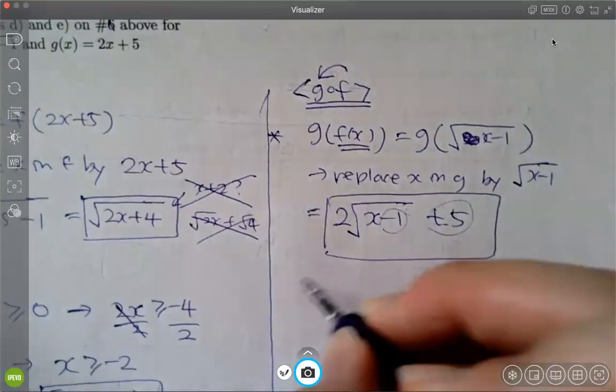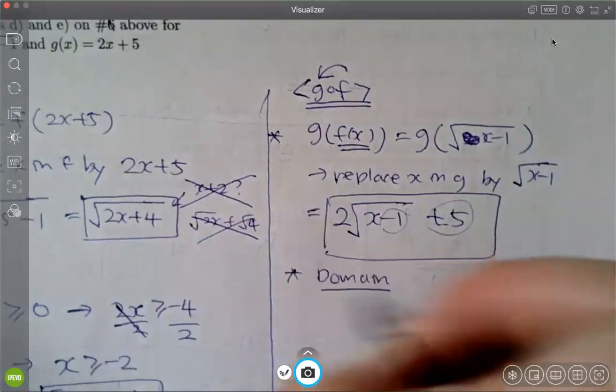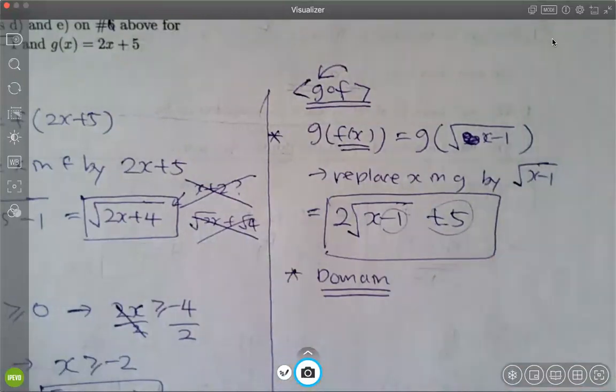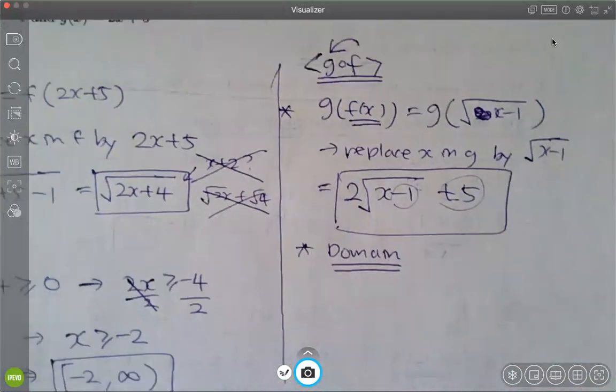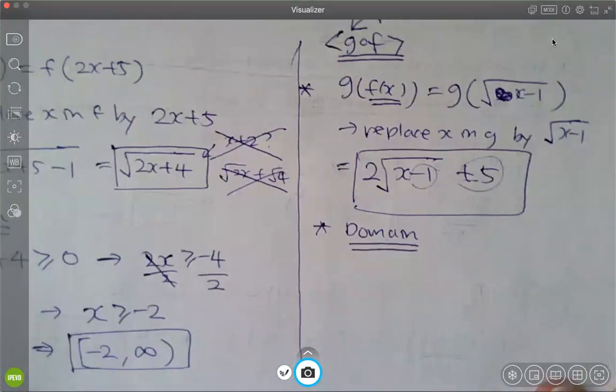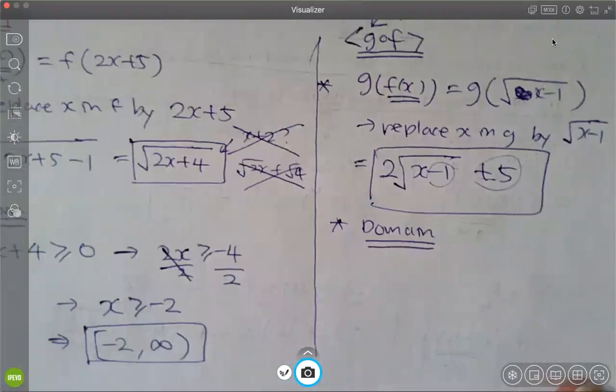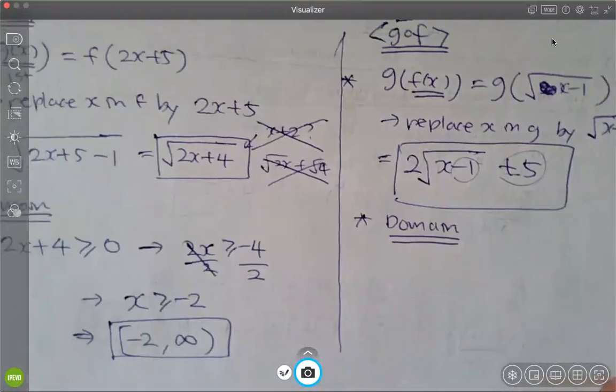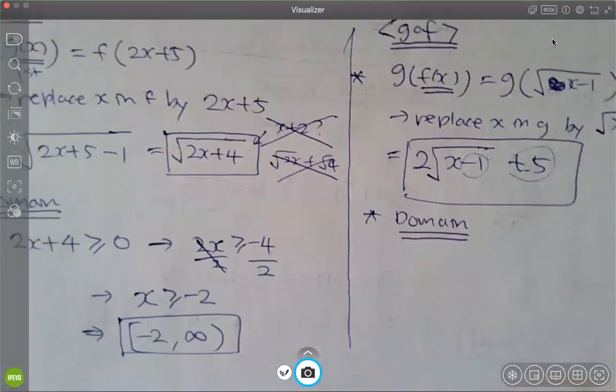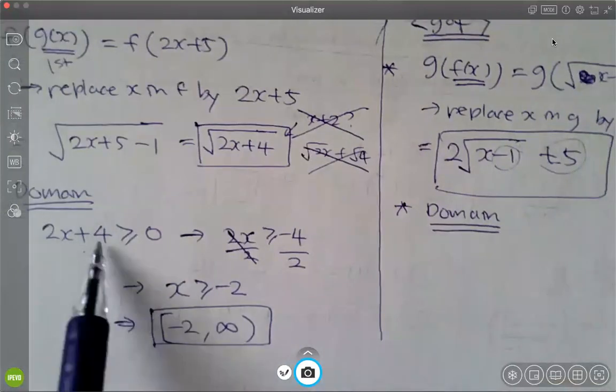Now, what is the domain? Or how do we find the domain? So here, can we use the same approach as before? I mean, yeah, we can use the same method, right? But what is different? What's under the square root is different, right?